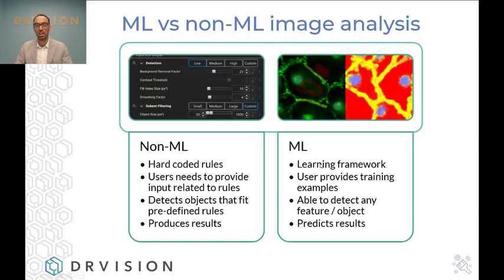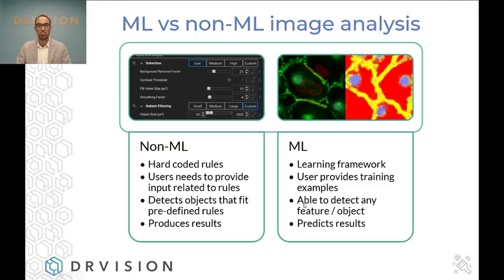Then the user, with his or her expert knowledge in biology or in metrology or whatever the field, will teach the algorithm by providing painting areas or regions that are painted either a line or a big paintbrush or a region. And those are the teaching areas that are assigned to particular classes that the user is interested in. Let's say living cell versus dead cell. That's a simple example.